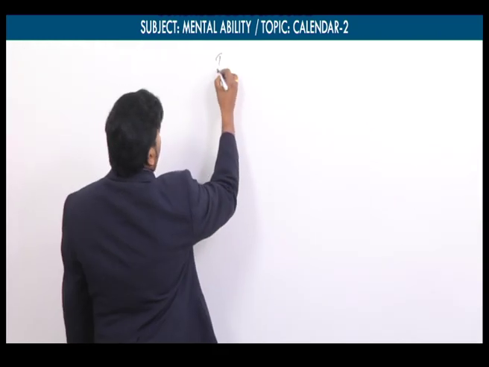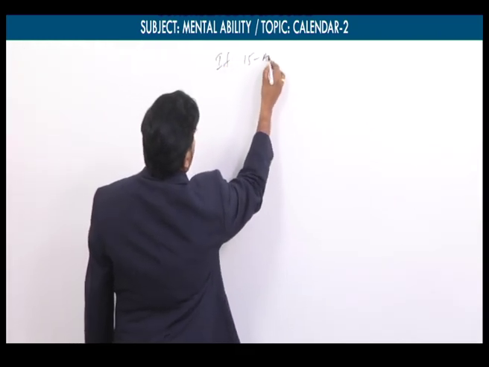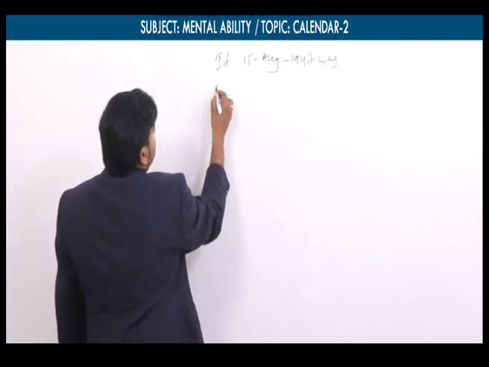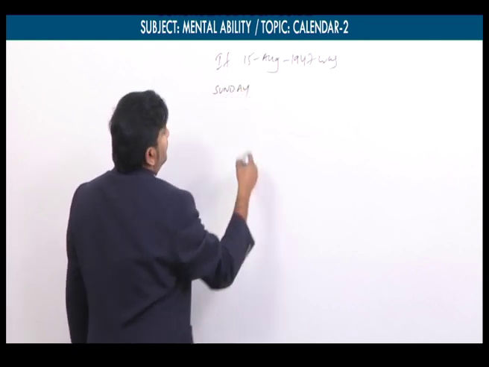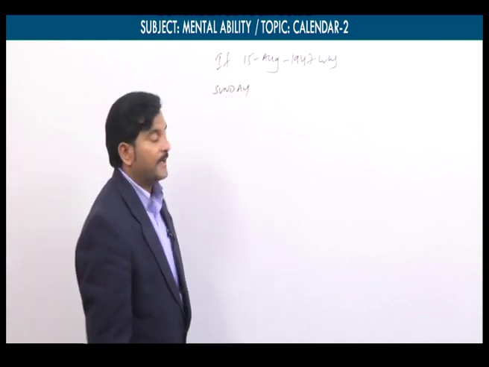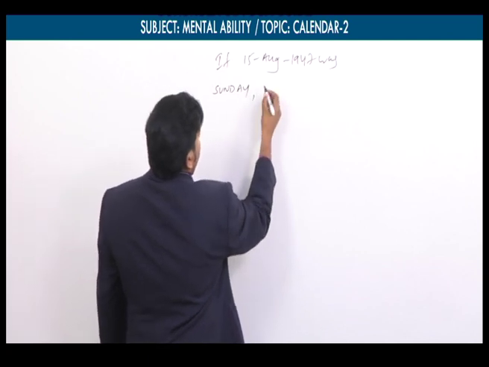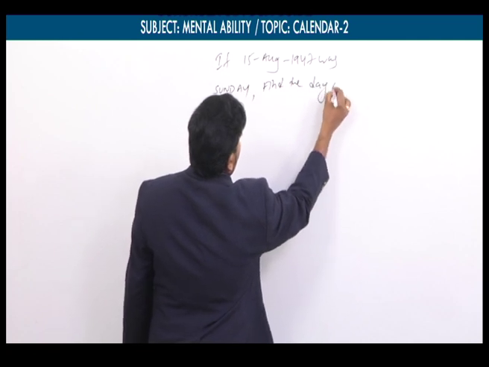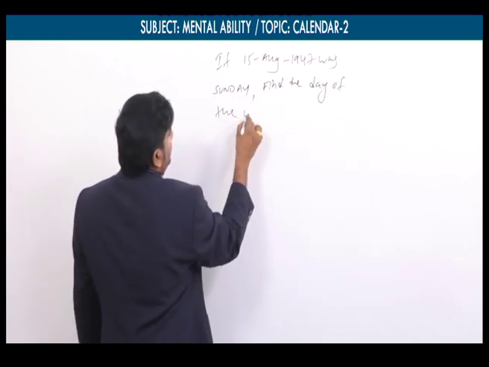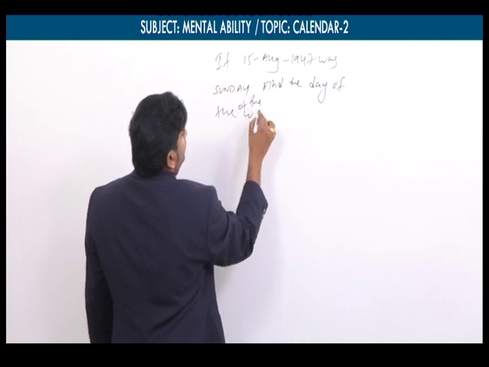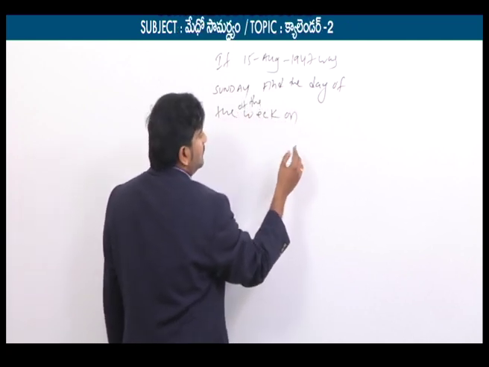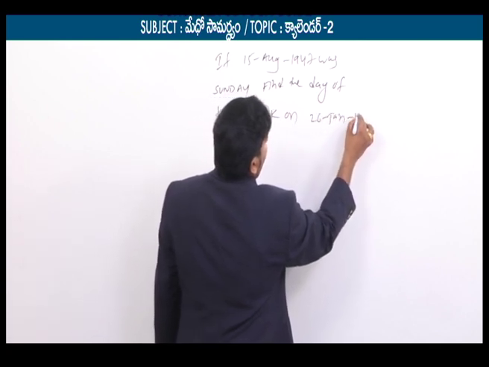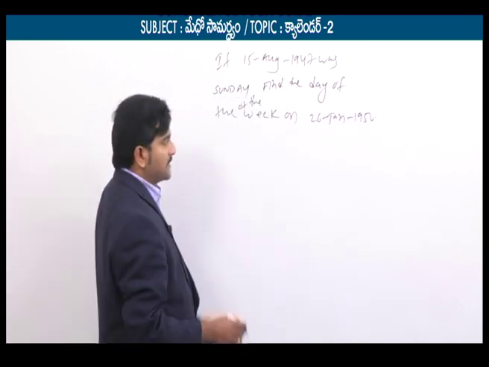For example, if 15th August 1947 was, let's say, Sunday. If 15th August 1947 was Sunday, then you will be asked a question like this: find the day of the week on, let's say, 26th January 1950.